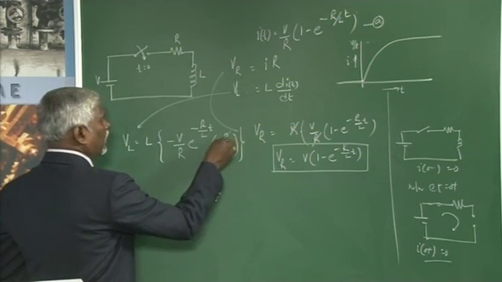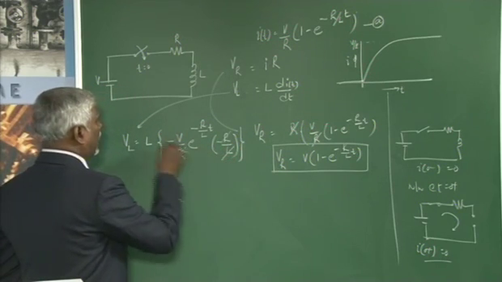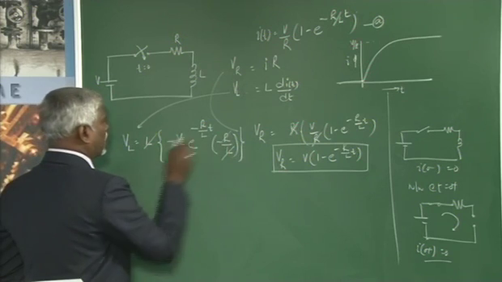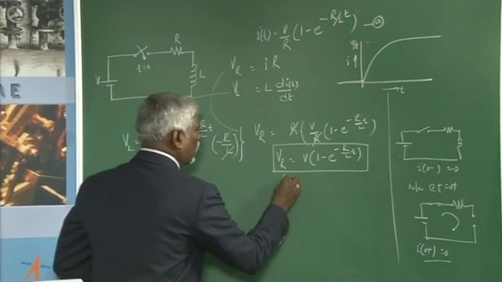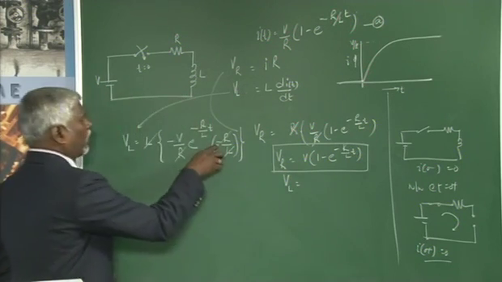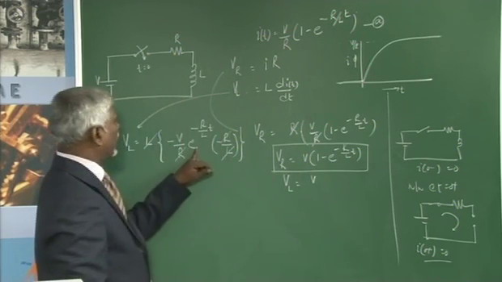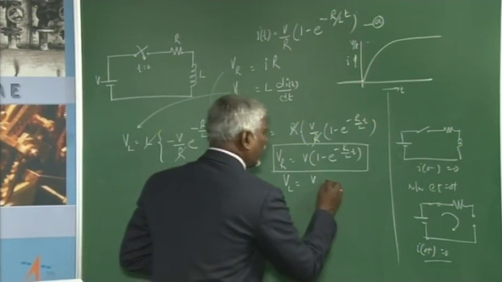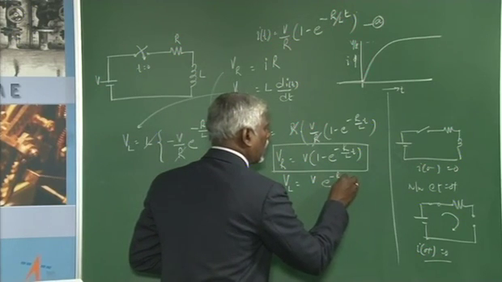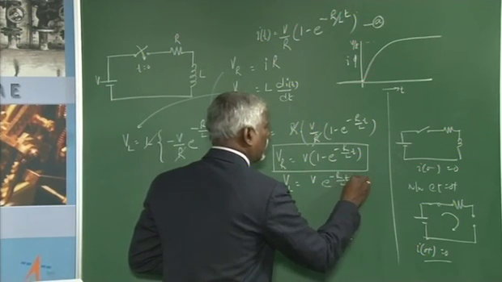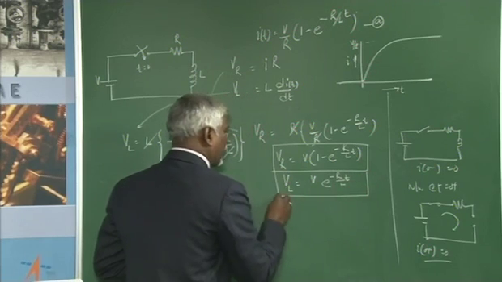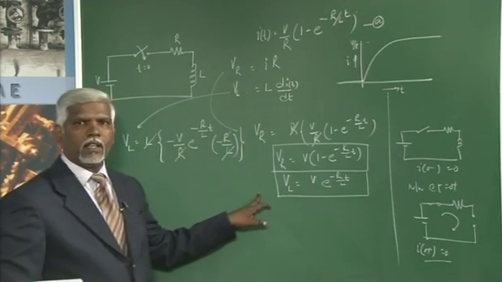So, this R will cancel with this, L gets cancelled, minus into minus becomes plus. Therefore, the voltage across the inductor will be plus V e to the power of minus R by L into T. So, this is an expression for VR and VL.